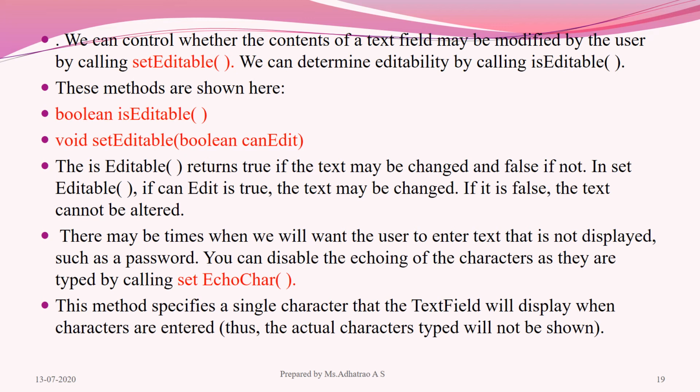This method specifies a single character that the text field will display when characters are entered but not shown. The character is typed but not shown by using the method setEchoChar. This is used for passwords.